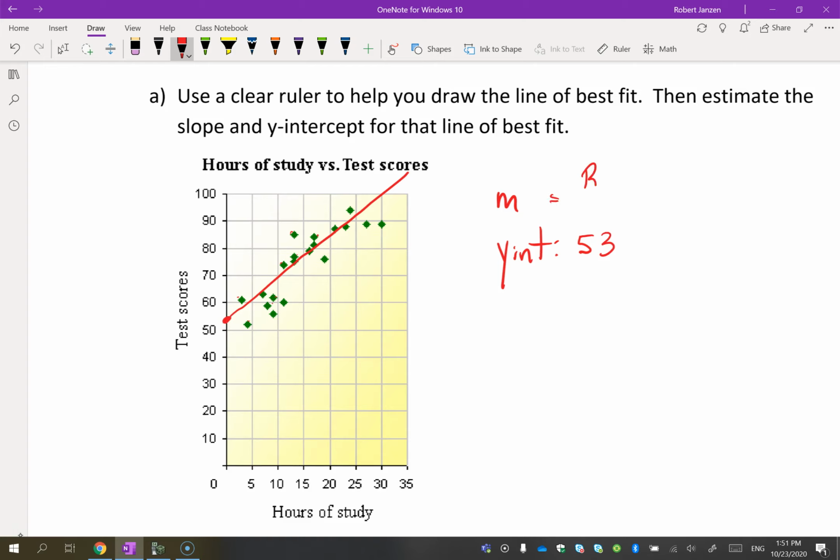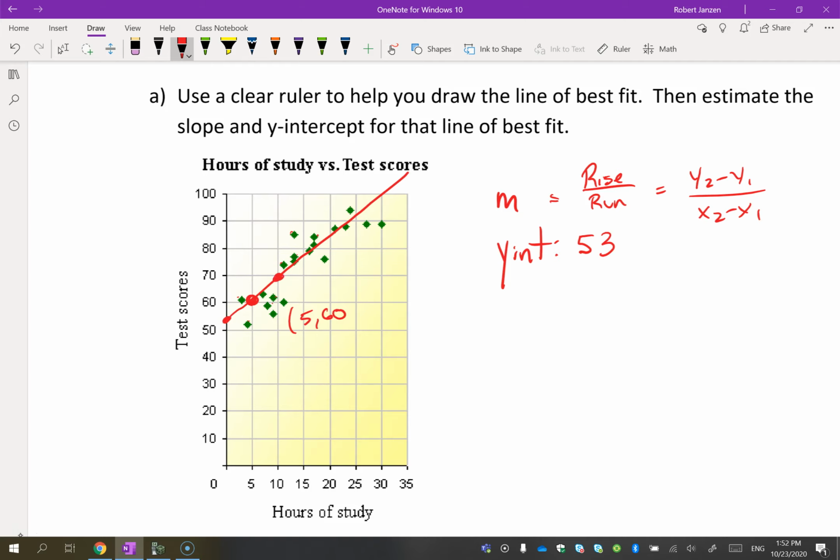Remember, the slope is rise over run. So to do this, maybe what we'll do is we'll pick 2 points and we'll do y2 minus y1 over x2 minus x1. Let's pick a point right about here and a point right about here. This point looks like it's 5, 60. Maybe that's not the best one to pick. Let's pick one that looks a little bit easier to work with.